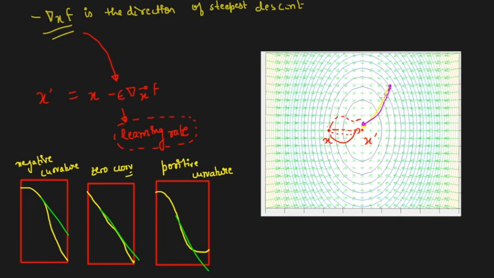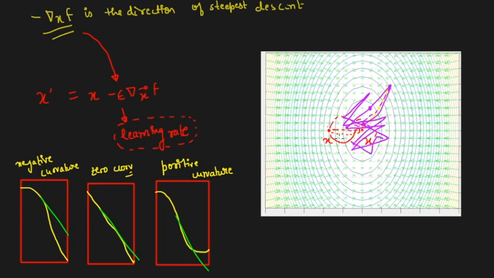So if we take small steps to reach there, it is most probably the case that with slight deviations, we'll be able to reach this point. On the other hand, if we take a very large learning rate, so suppose this is one step and this is one step, this learning rate overestimates the decrease in the function. So what this function will do, it will rotate about the curvature.